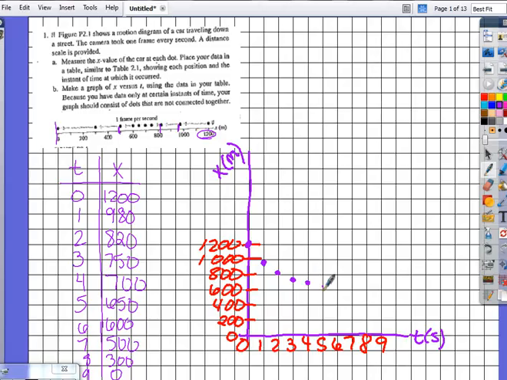Then we had 650. And then we were finally at 600. Then we go down to 500, which is right between here. And then we go down to 300. So 300 is here. And finally at 9 seconds, we are at 0. So that's all for number 1.